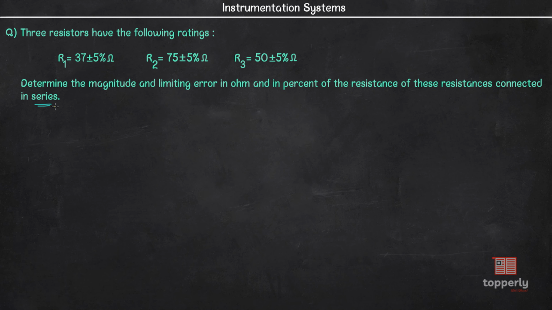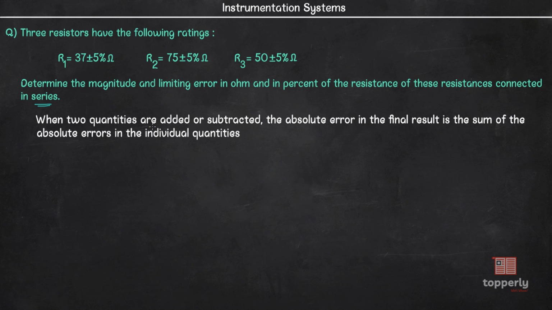So we have the case of addition, and our rule was when two quantities are added or subtracted, the absolute error in the final result is the sum of the absolute errors in the individual quantities. Here the errors are given in percentage. So first we need to convert them into absolute error formats.